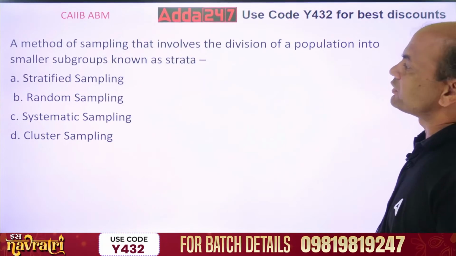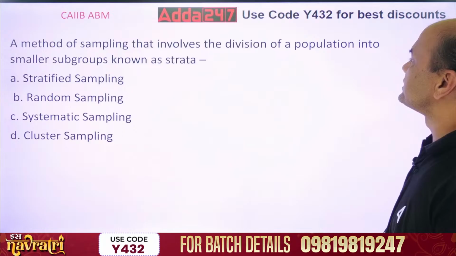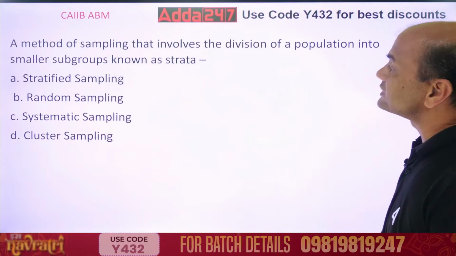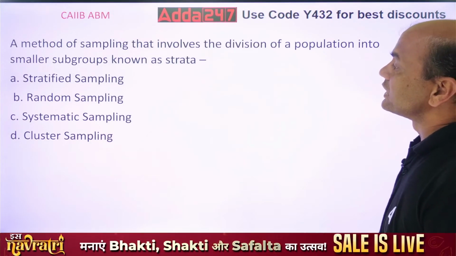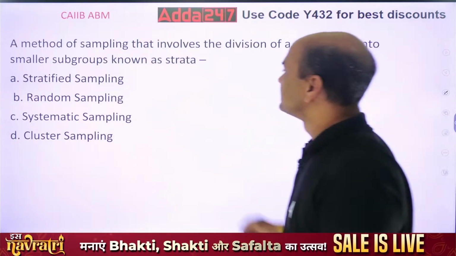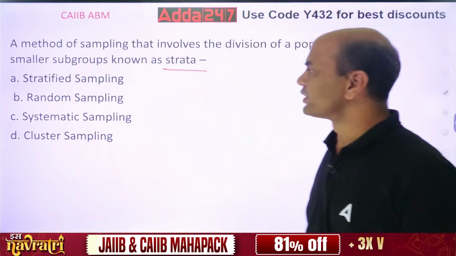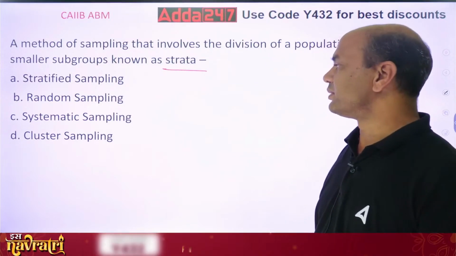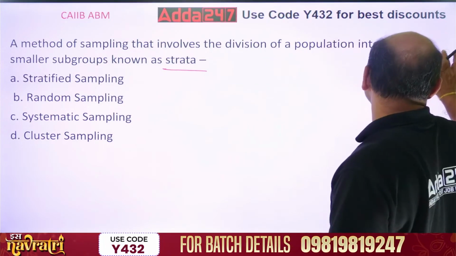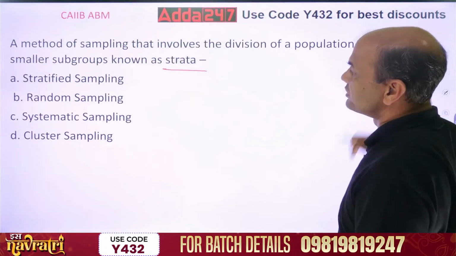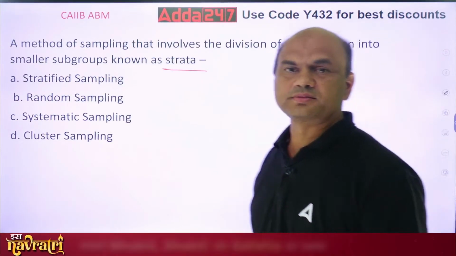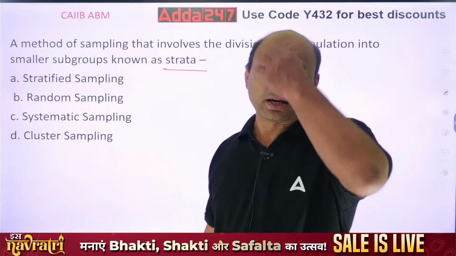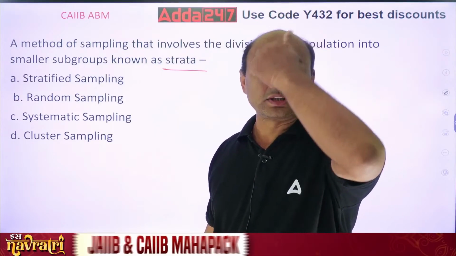The method of sampling that involves the division of population into smaller subgroups is known as strata. So this is known as what? Stratified, random, systematic, cluster. Kindly note, this is known as the probability sampling.